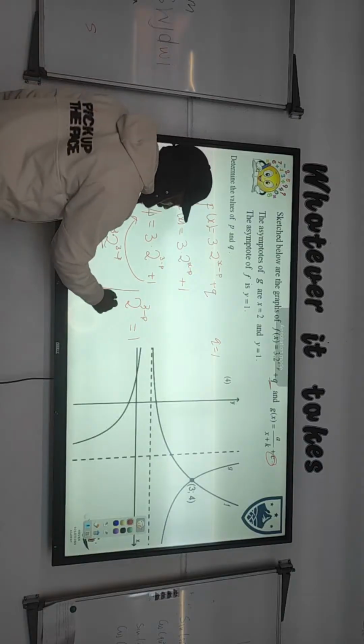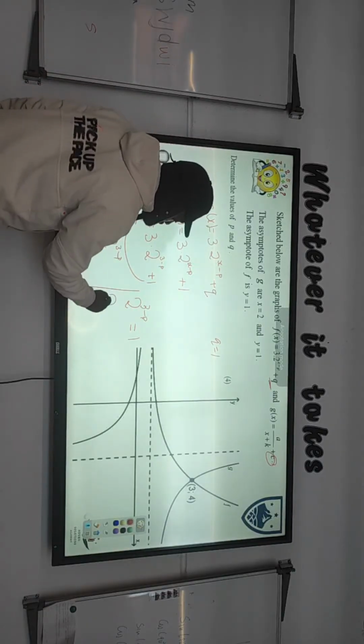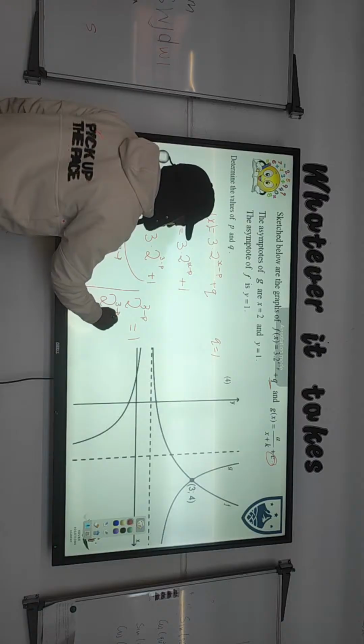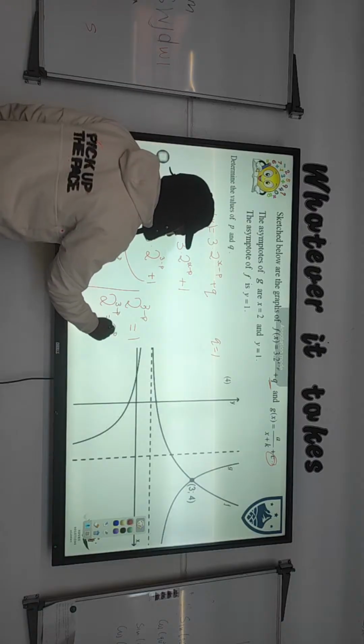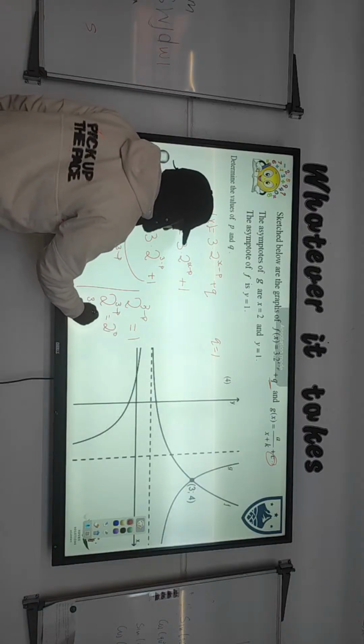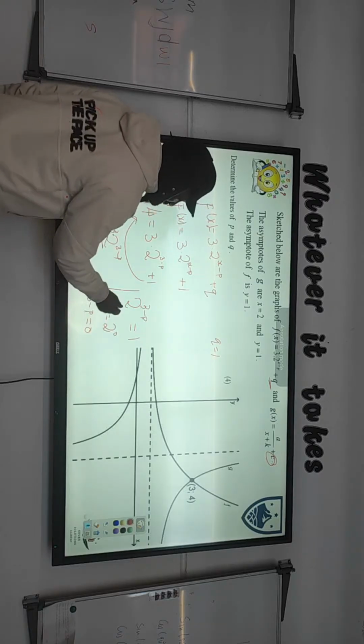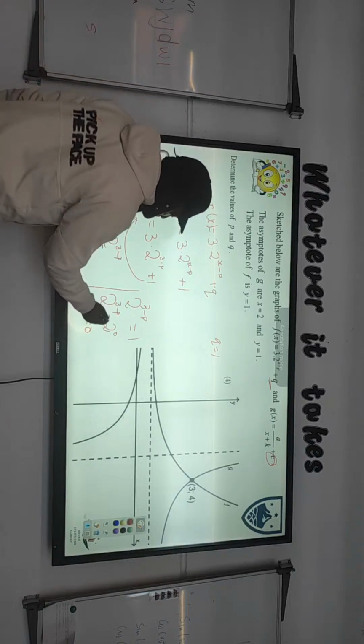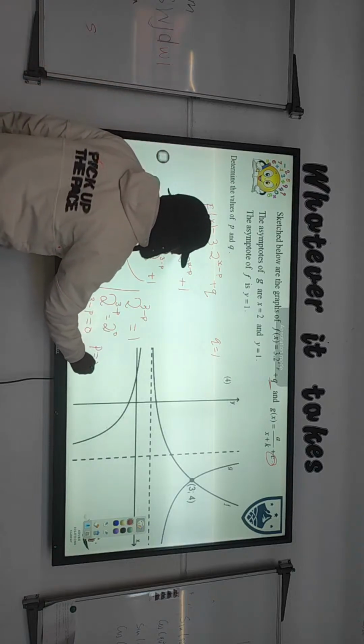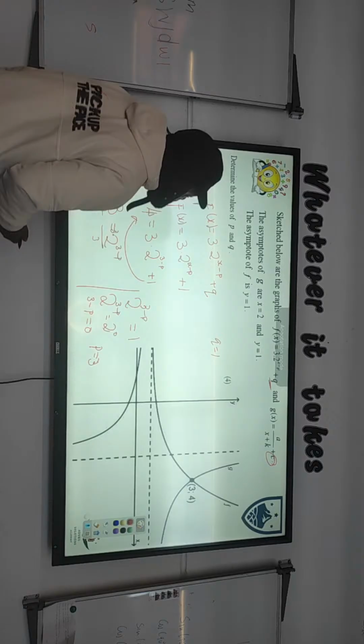And then we say anything raised to the power of 0 is 1. So let's make them have the same base. 2 to the power of 3 minus p is equal to 2 to the power of 0. Therefore, 3 minus p must be equal to 0, because they have the same base, they must have the same power. Transpose this to the other side, our p is equal to 3.